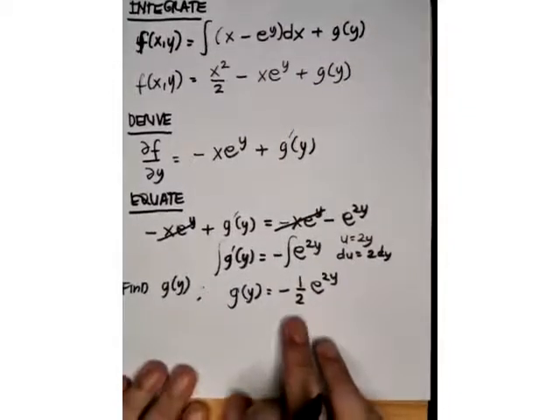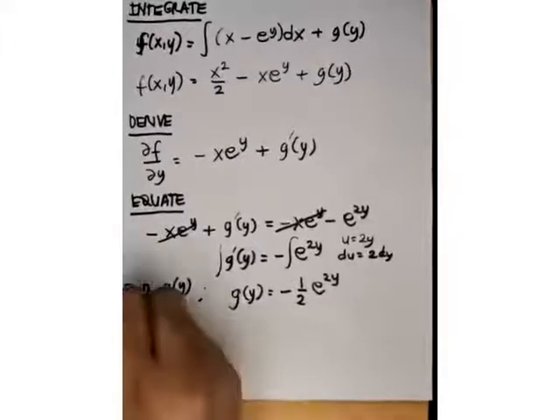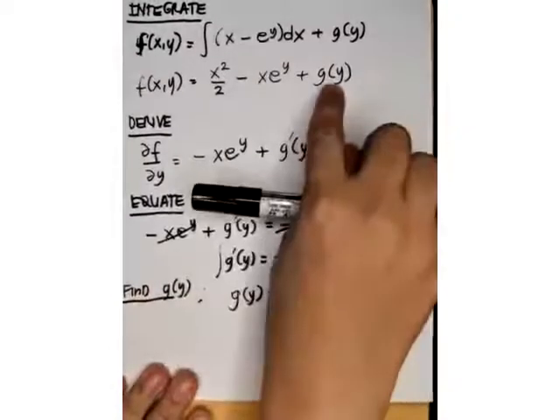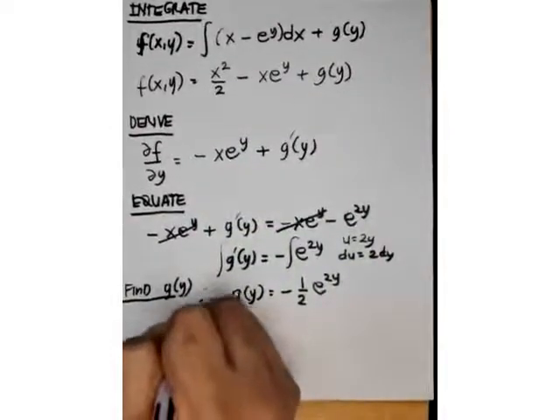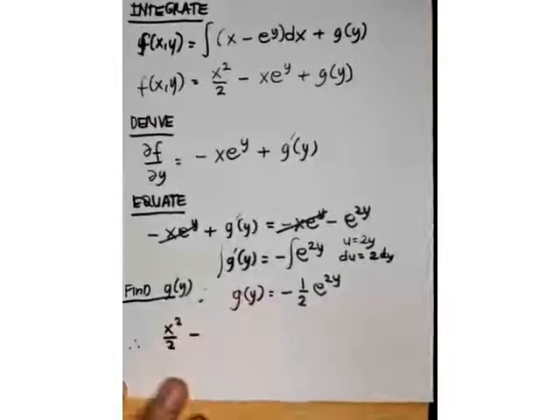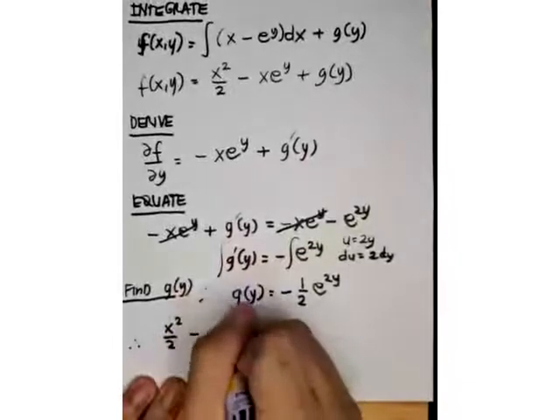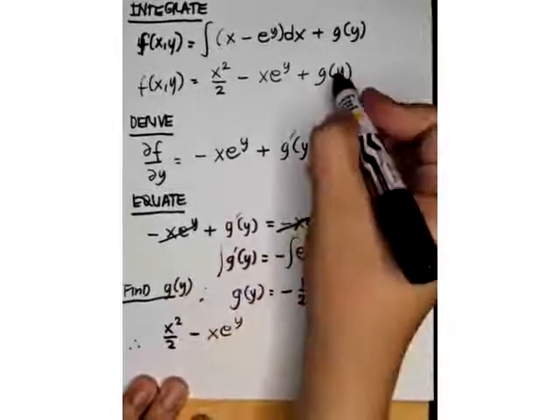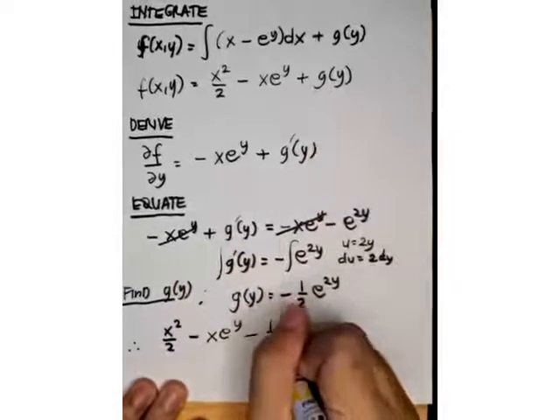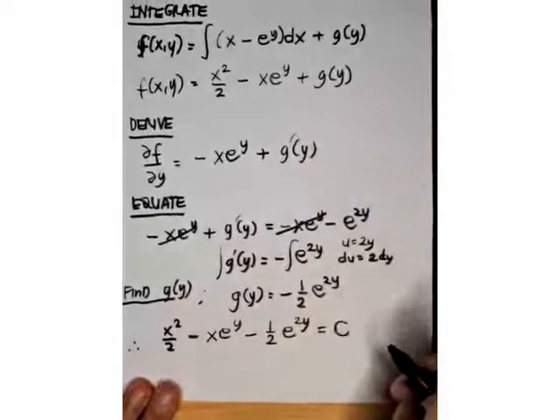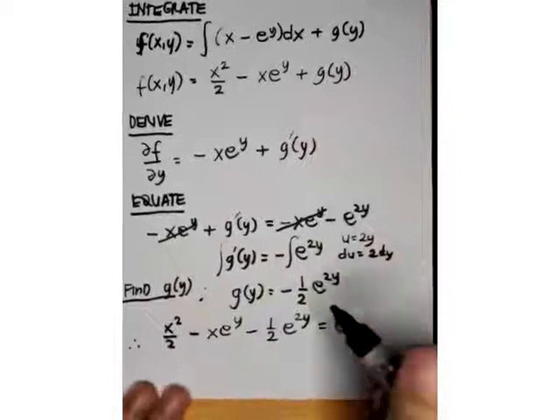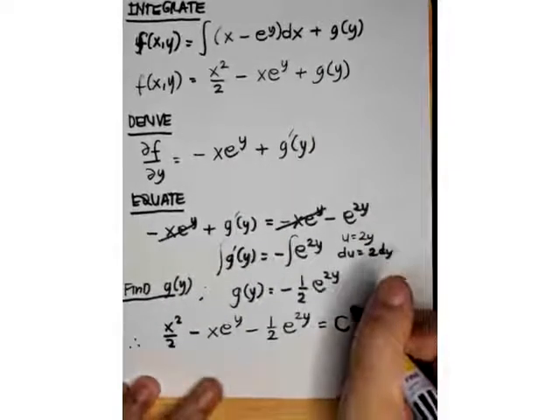Okay, and then after we found our g of y, we will just substitute it dito sa ating function. So therefore, x squared over 2 minus, just copy that, x e raised to y, and then we substitute this, minus 1/2 e raised to 2y is equal to c. Simplify na lang natin since meron tayong over 2 dito.